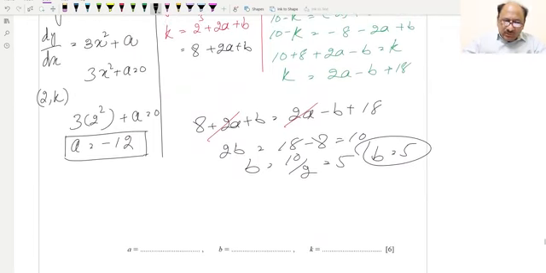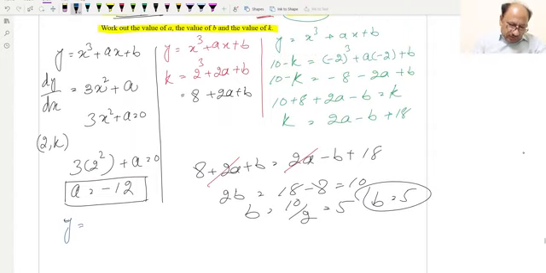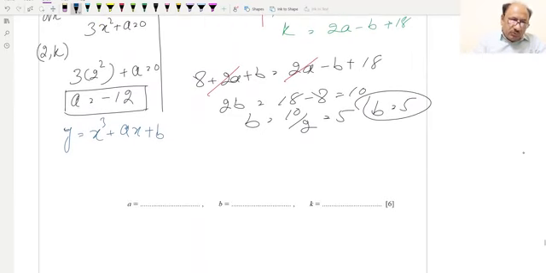Now we can use these two values in the equation, and I'll change color so that you can figure out the differences. The equation is y is equal to x cubed plus ax plus b. Now we have the a value and b value, so we can use this point also, which is (2, k).